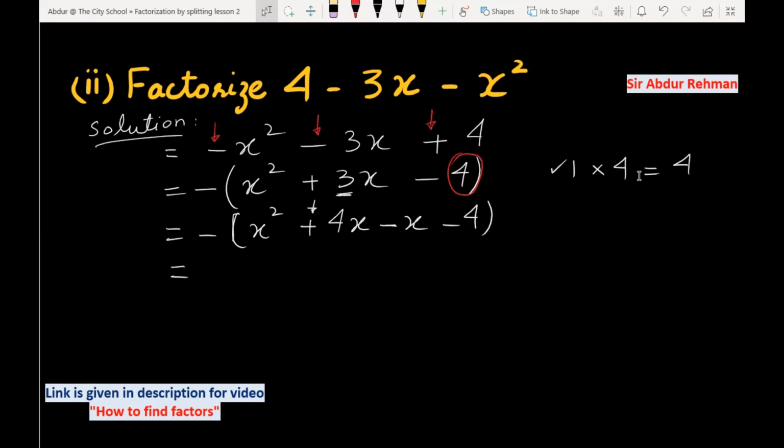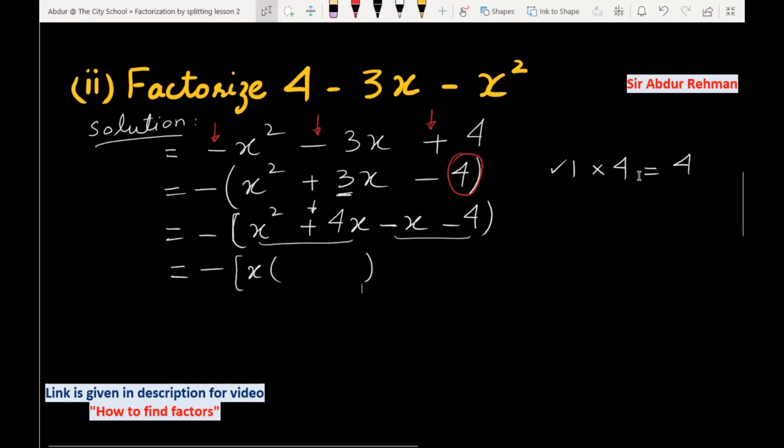Next step is take common. In this group, x square plus 4x, x is common here. Write down the bracket.